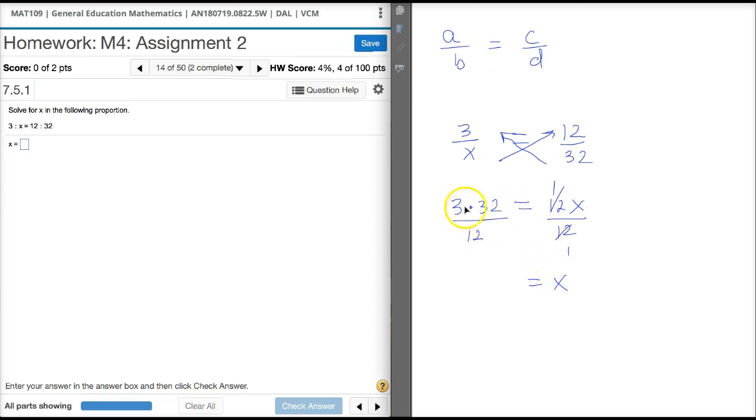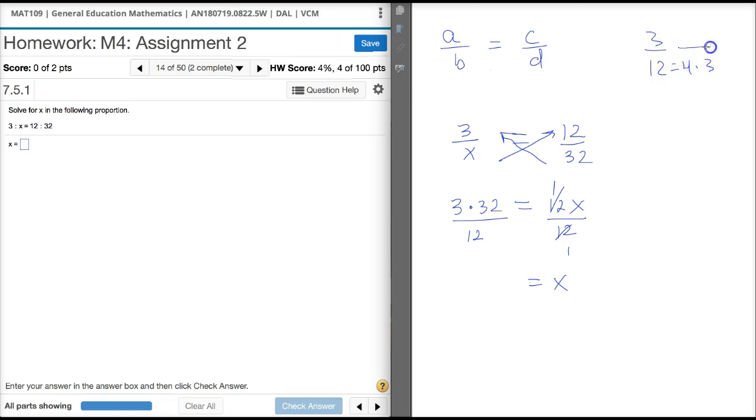And over here, the reason why I didn't multiply this together is because even though I could do a 96 divided by 12 and get the answer that way, here I know that 3 divided by 12 is the same thing as 1 over 4. And I know that because 12 is just 4 times 3.